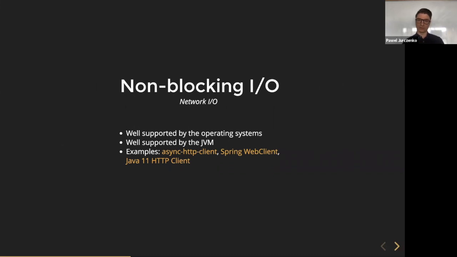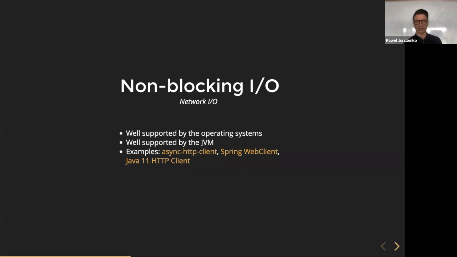When it comes to concrete types of external communications, in case of network IO operations and performing them in a non-blocking manner, we don't have a problem usually, because this is well supported by operating systems. This is well supported by the JVM itself. We also have many non-blocking HTTP clients.